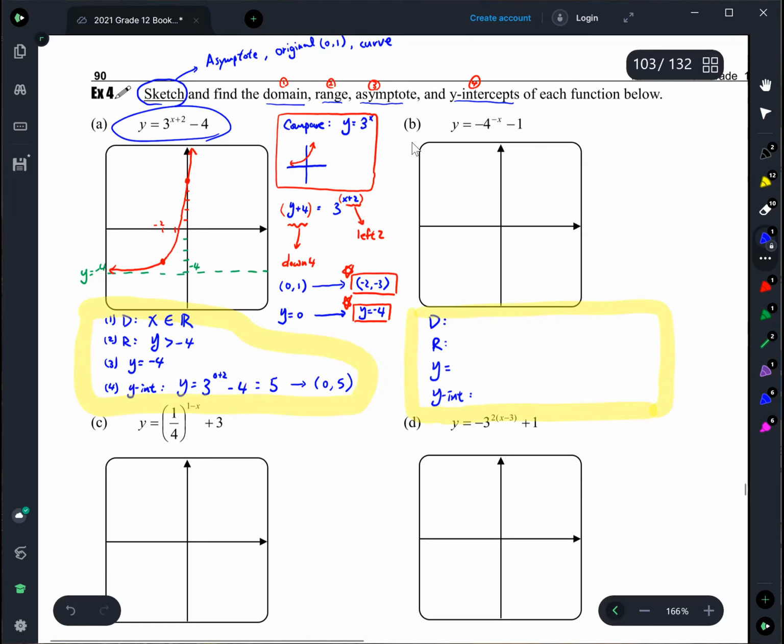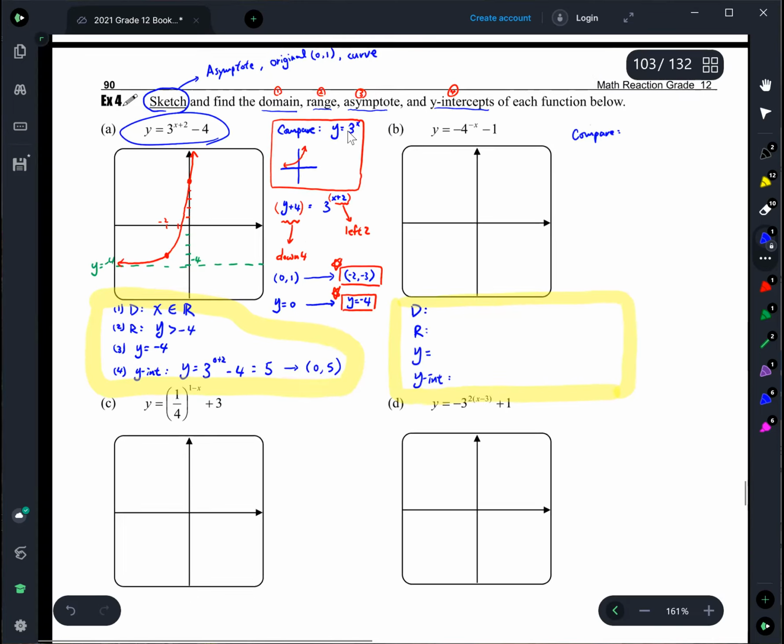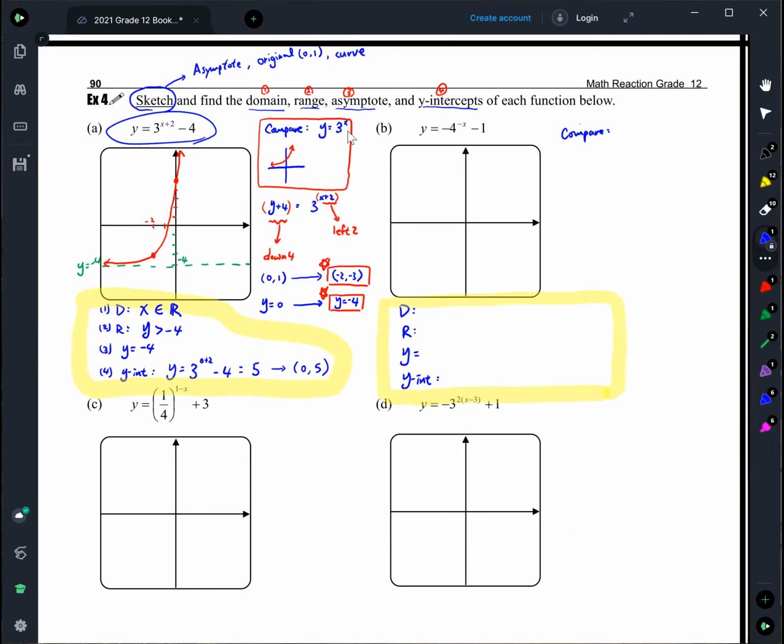So if you look at question B now, what do we need to compare with? For the last one, we compare with y equal to 3 to the x, right? What about this one? Lily, what do you think? We should compare with y equal to what?